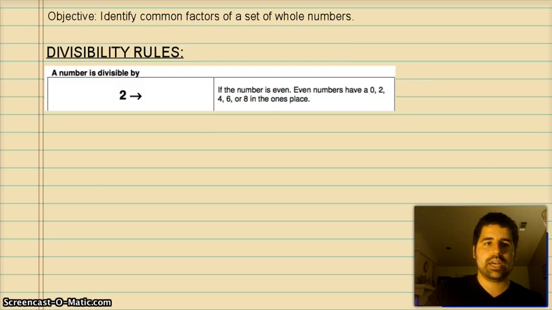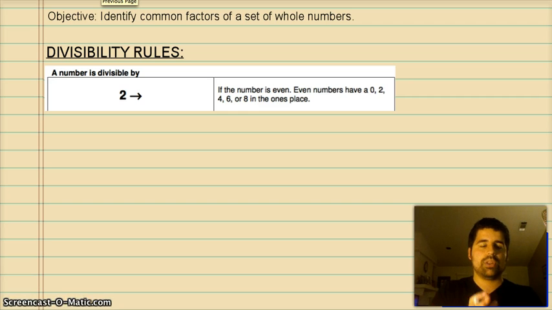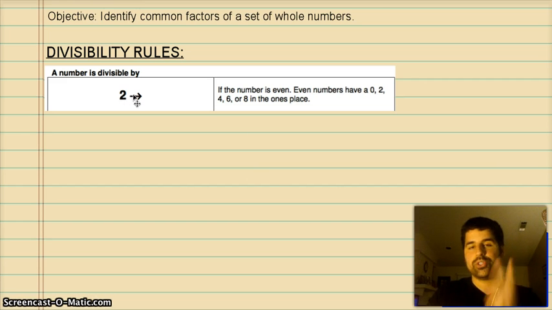So let's see how we can look at this. We're going to be looking at something called divisibility rules. For example, the divisibility rule for the number 2. If we want to know if 2 will go into whatever number we're talking about, we have a rule for it.